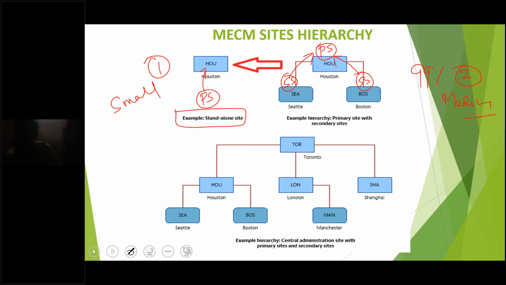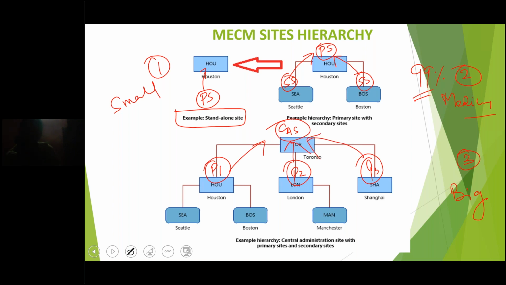99% of the time you will see this kind of implementation in companies, headquarter and branch offices. Third is for big organizations like Accenture, Deloitte, IBM, wherein you have central on the top, and you will have multiple primary 1, primary 2, primary 3, and all primary will report to central.